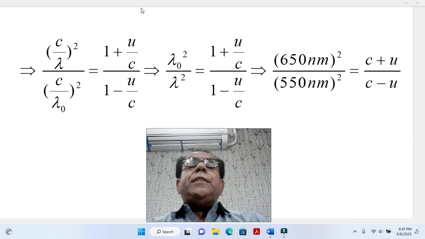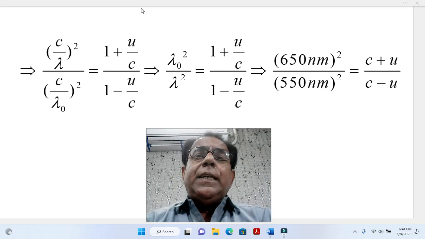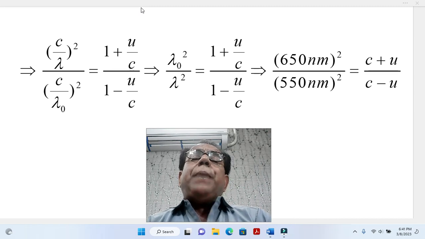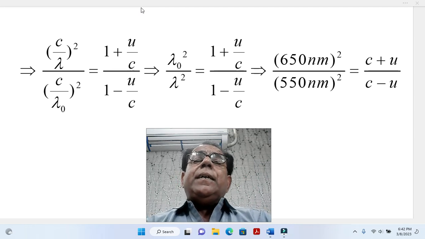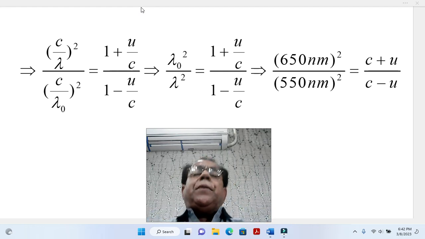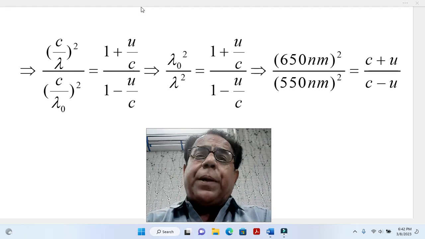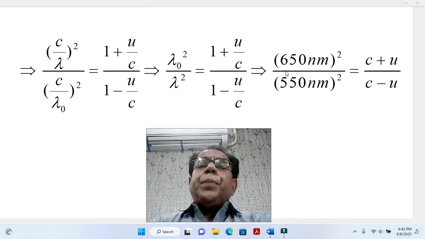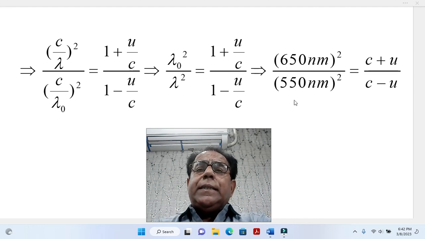The light which is mentioned first has wavelength lambda naught and frequency f naught, while for the light mentioned subsequently at the second stage, the frequency is denoted by simply f and the wavelength by simply lambda. So accordingly we have used the values of lambda and lambda naught in this expression.